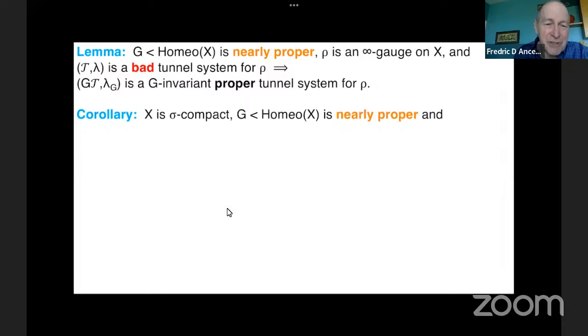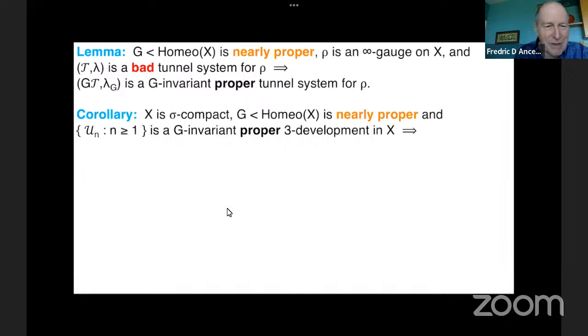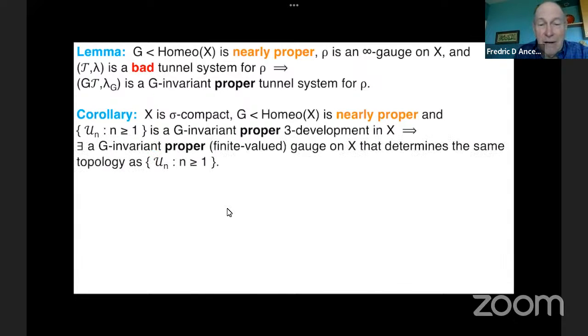And so the corollary is that if you start with a sigma compact space and a group of homeomorphisms that's nearly proper and a proper development, and you form a bad tunnel system, which you can do because you're in a sigma compact space where the set of row crevasses is countable, and then you enlarge it to make it G invariant, and use that enlarged G invariant tunnel system together with the proper infinity gauge that you got from the Alexandrov-Urysohn method, then you get a proper gauge on the whole space.